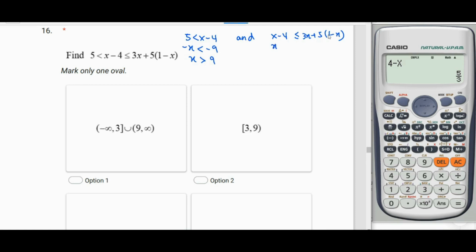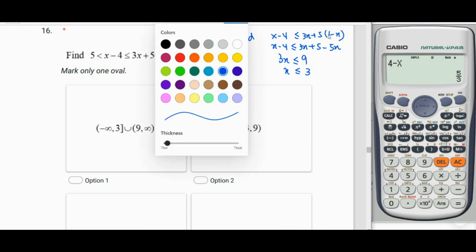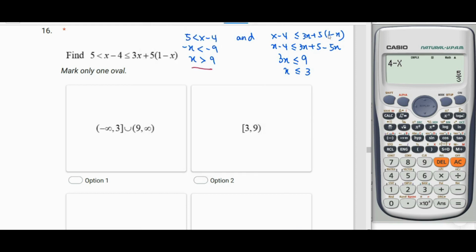Meanwhile here, we simplify, plus 5 minus 5x. So negative 2x, move to the right hand side, plus 3x. Then 5 plus 4, 9. So x is less than 3. The next step is intersection of this interval with this interval: x less than 3, and another interval, x more than 9. You don't have any intersection, so the answer will be no solution.